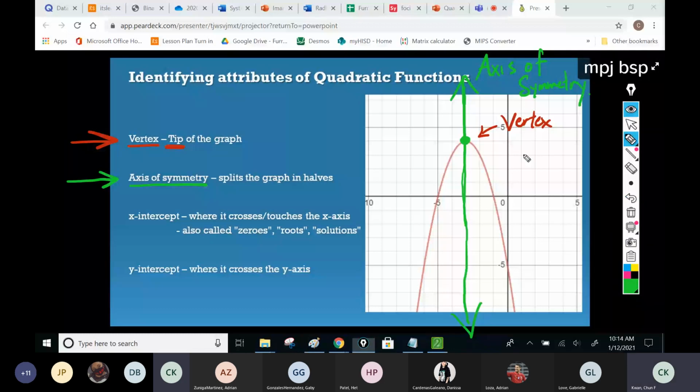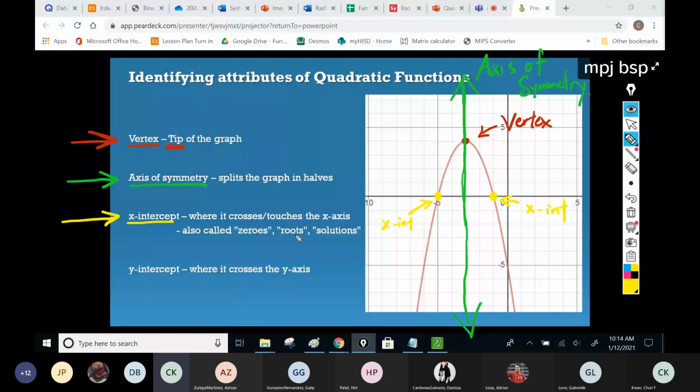All right, and then after that, there is the x-intercept. The x-intercept is where the line crosses the x-axis. So for this graph, it will be right here and right here. These two points, we'll call them x-intercepts. It is where it crosses the x-axis. And then there are other names for it.